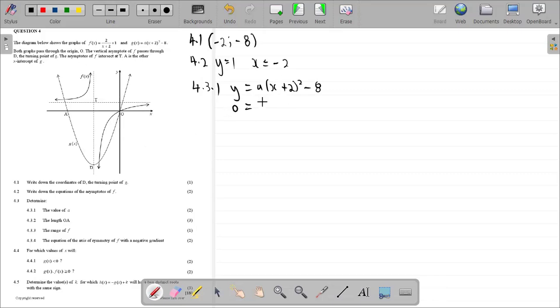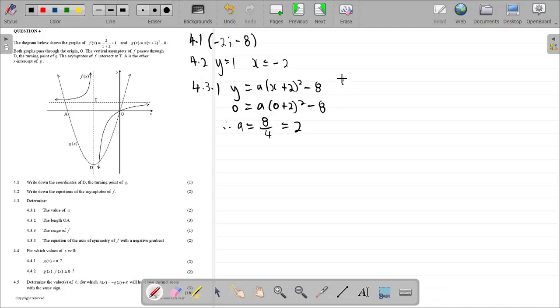So it's 0 equals to a, 0 plus 2 squared, minus 8. So therefore a equals to 8 over 4, which is equal to 2. So that's the value of a. The 8 comes this side, becomes positive, and then the 2 squared is 4, so we divide by 4.